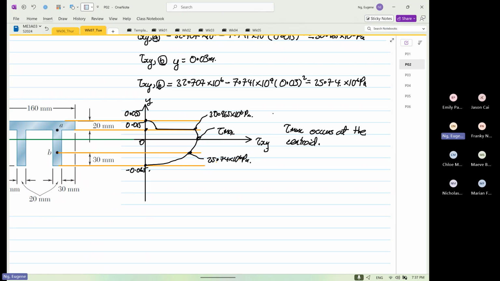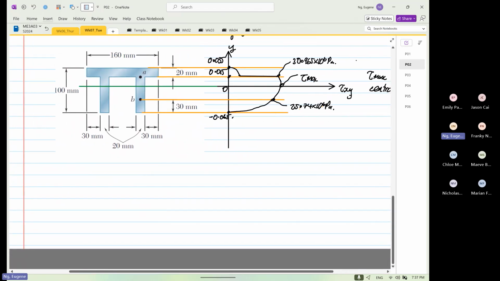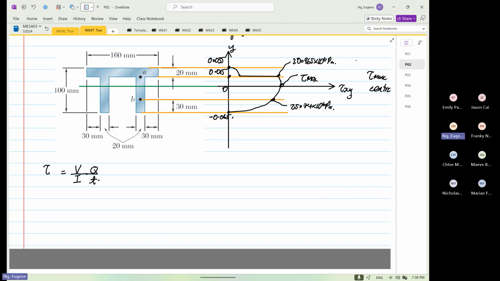Now, if we go back to the theory again, we know that the shear stress is equal to V over I times Q over T. We are aware that V over I is a constant.